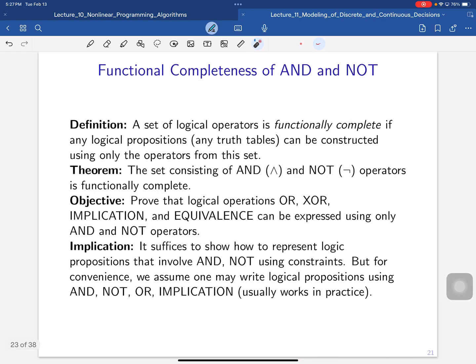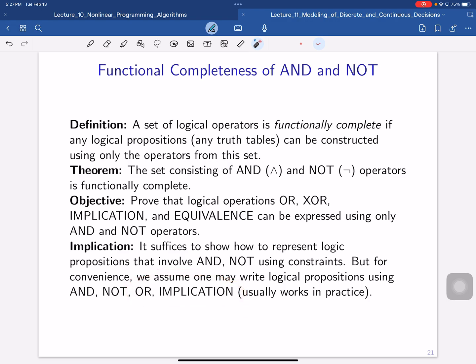So we are going to show you a way where we assume one may write logic propositions using not just and not, but we allow people to use or and implication. Of course, if you are fine with only and not, if I give you 2 more, or and implication, of course you are more than fine.